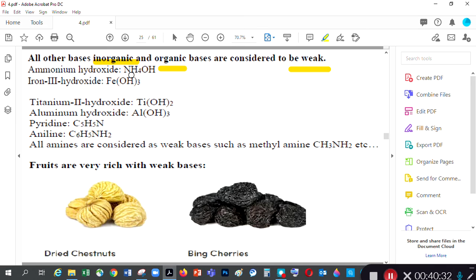Here are examples of the weak: ammonium hydroxide, iron 3 hydroxide, titanium 2 hydroxide, aluminum hydroxide, pyridine, that's an organic weak base, aniline, a weak base as well. All the amines are considered to be weak bases. And some of the fruits are rich in weak bases: dried chestnuts and Bing cherries. They have a lot of weak bases.